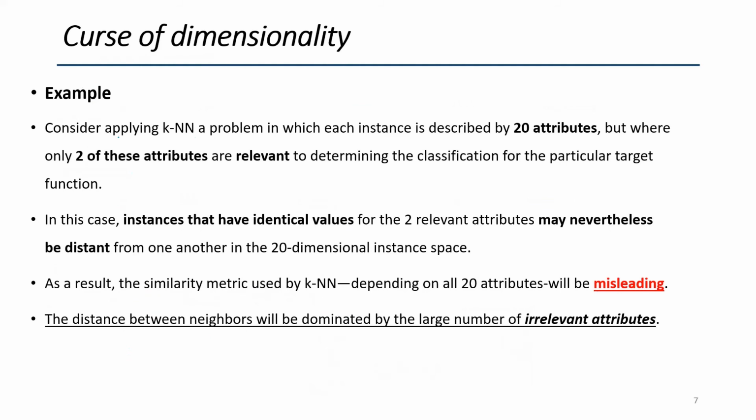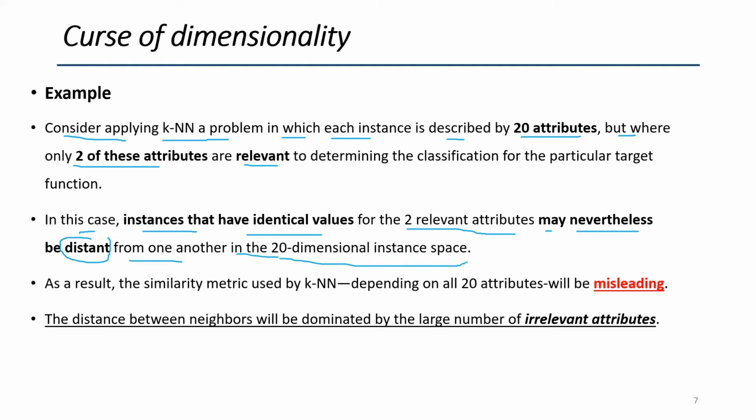The same example is given here. Consider applying KNN to a problem in which each instance is described by 20 attributes, but only 2 of these attributes are relevant. In this case, instances that have identical values for the 2 relevant attributes may nevertheless be distant from one another in the 20-dimensional instance space.